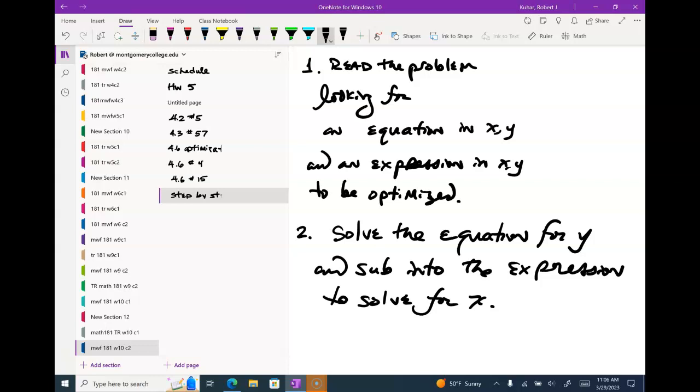Dr. Early does this problem differently than I do. He takes the equation and gets the derivative implicitly, takes the expression, gets the derivative implicitly, and then puts them together. So there's lots of ways to do this. Okay, this is just the way that I've seen most students be successful with it.